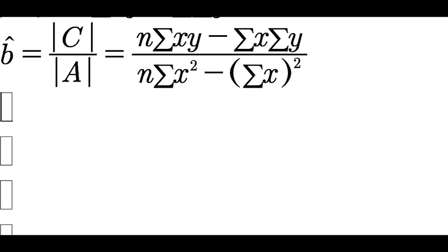So have you seen how we can derive the estimates of the true values of the parameters a and b given in our regression model by minimizing the sum of squares of our residual?